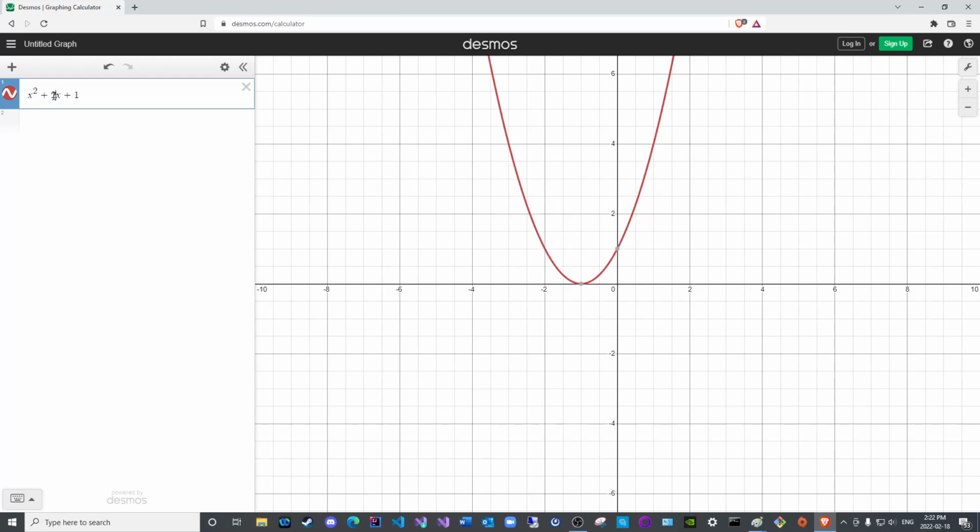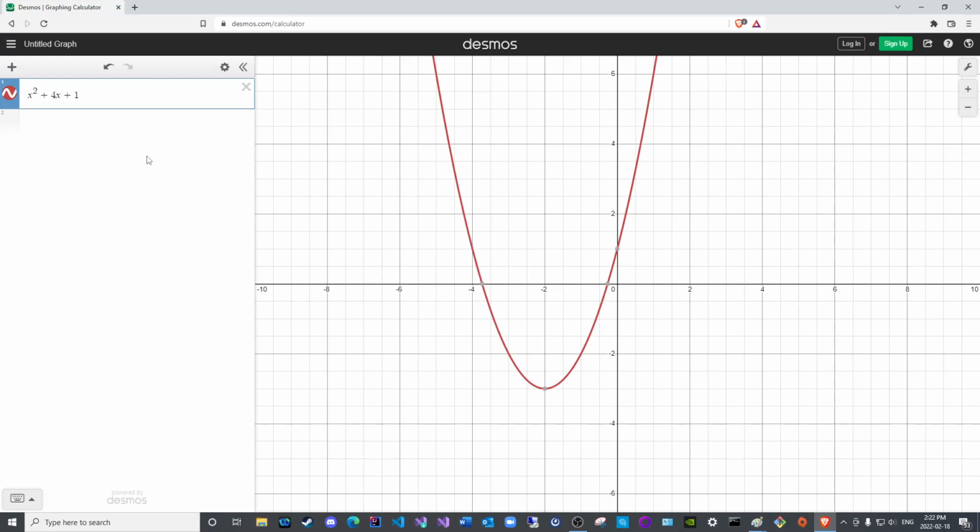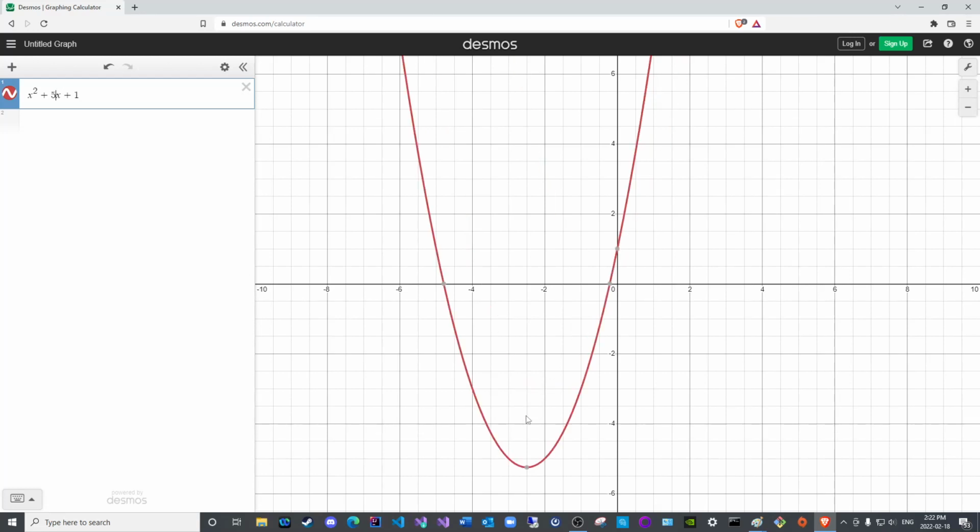So this is 2. Now let us take a look at 3. As you can see, it is descending towards the third quadrant. And of course, if it descends, the vertex will also be affected, undoubtedly. And then 5, and so on and so forth.